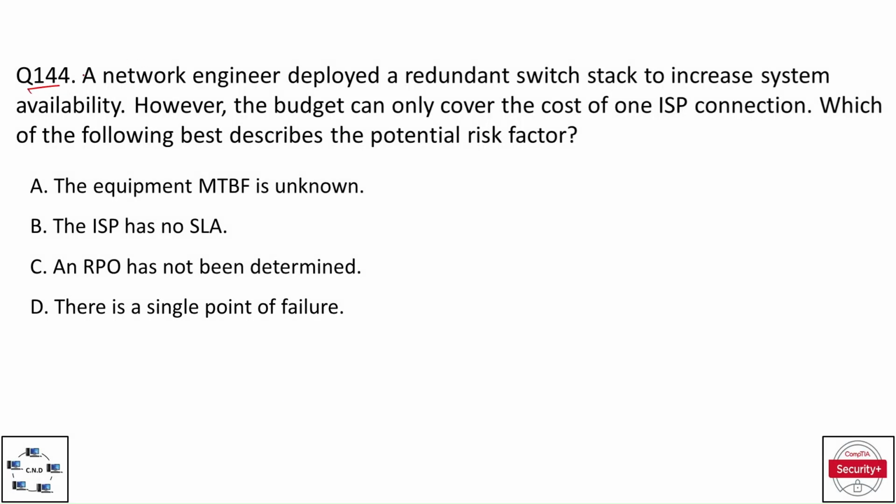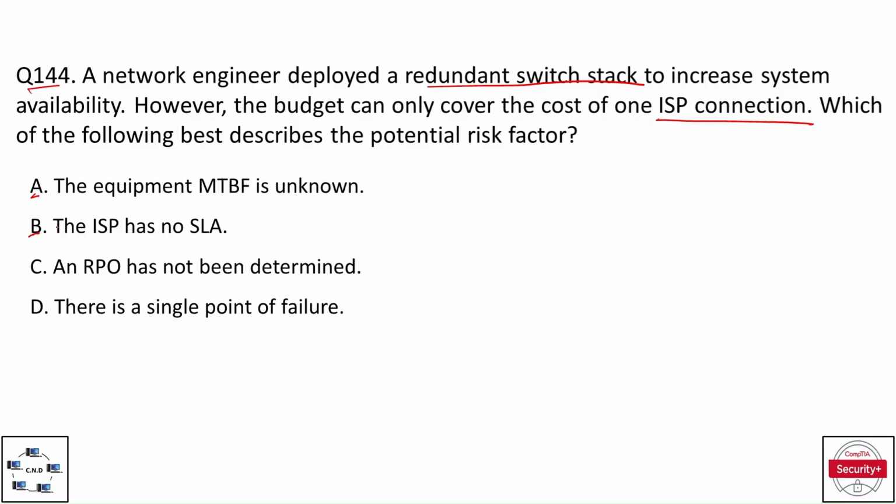Question number 144. A network engineer deployed a redundant switch stack to increase system availability. However, the budget can only cover the cost of one ISP connection. Which of the following best describes the potential risk factor? And the options are option A, the equipment MTBF is unknown.